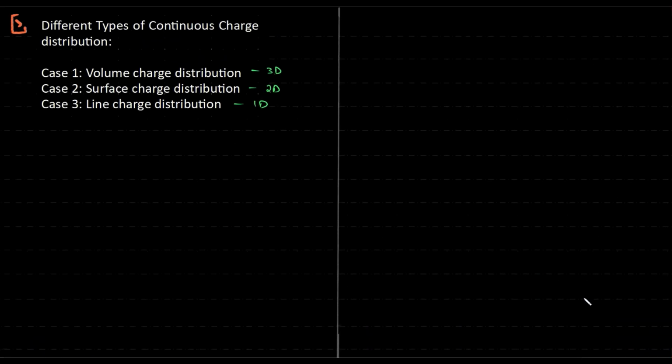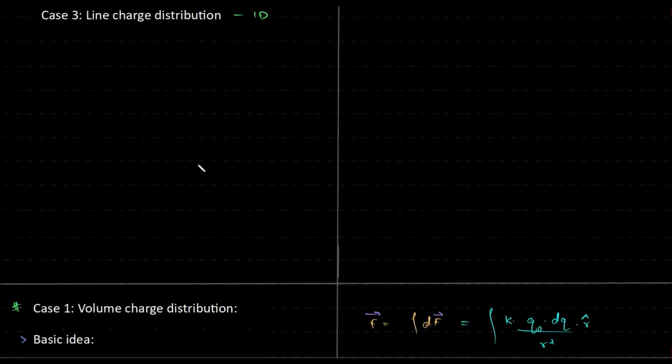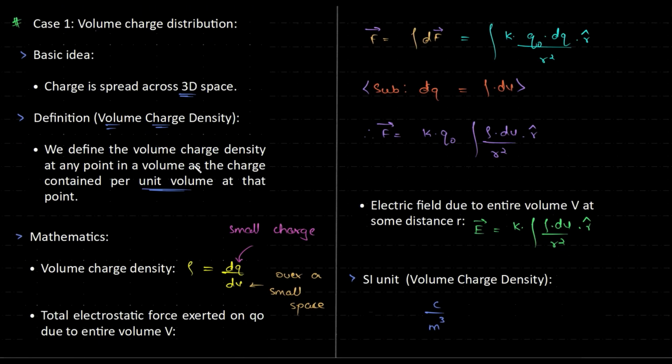So here we're looking at, in this video, the different representation that we need to use in different charge distributions. In volume, we have rho, and the formula is a simple substitution. Everywhere it's a simple substitution.